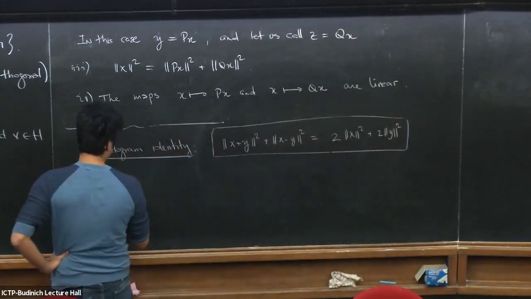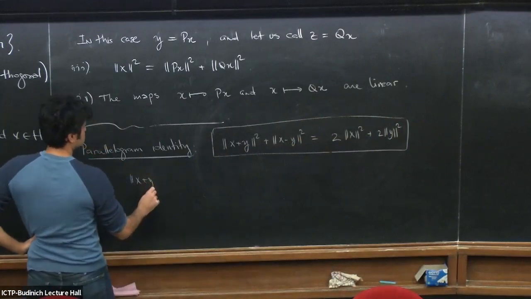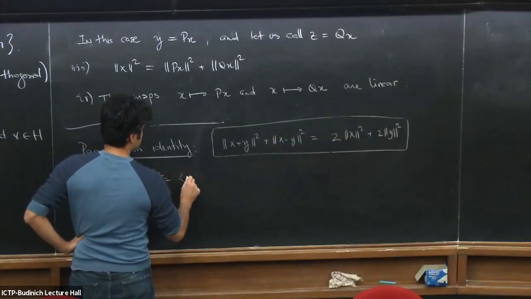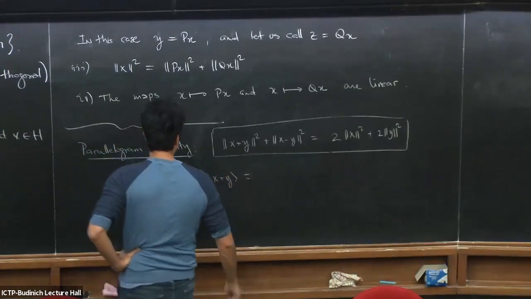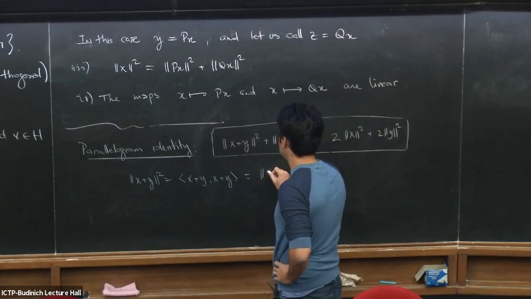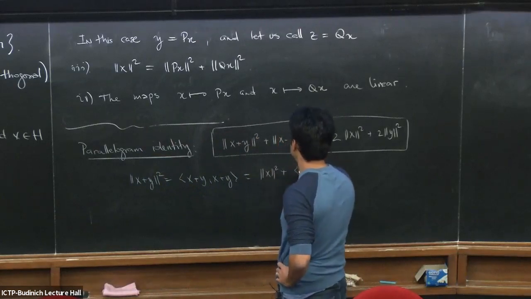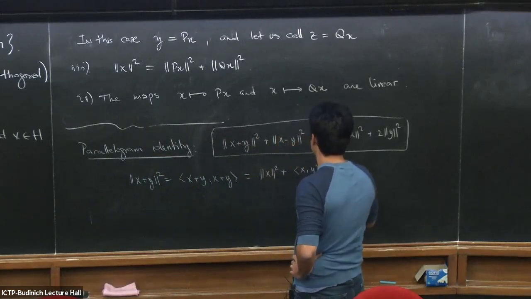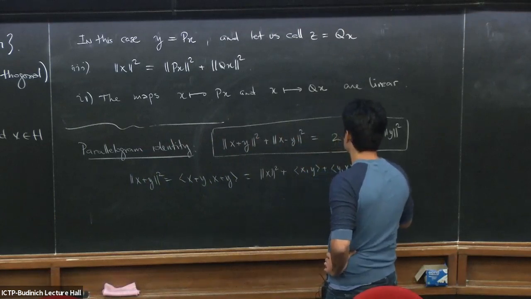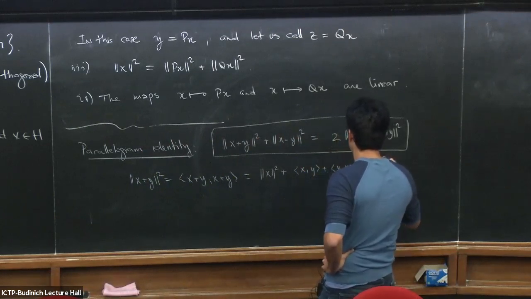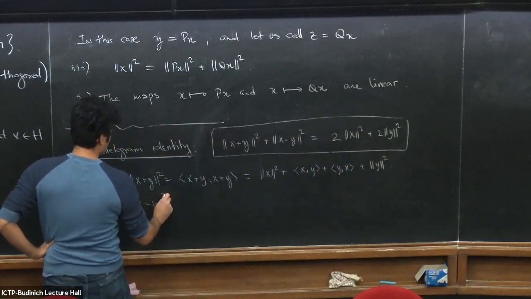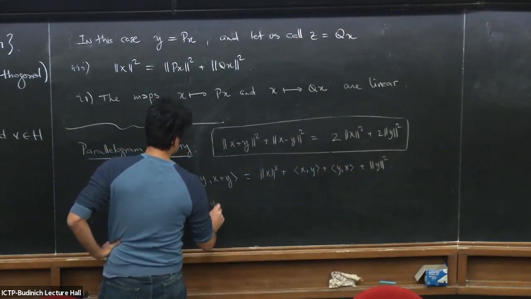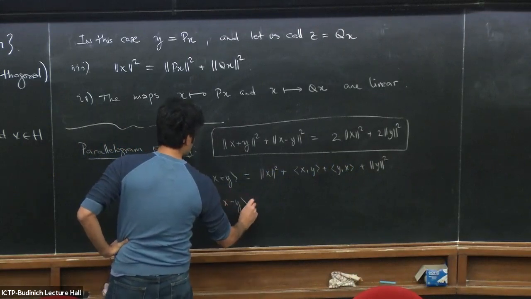The proof is straightforward. So x plus y squared is just the inner product of x plus y with x plus y. And this is x squared plus xy plus yx plus y squared. And the other one, x minus y squared, is the inner product of x minus y with x minus y.